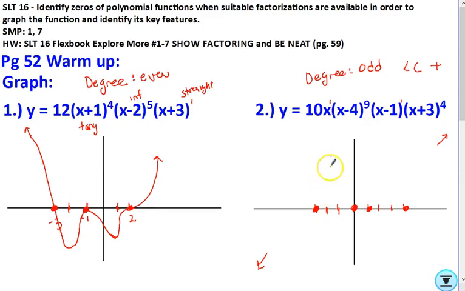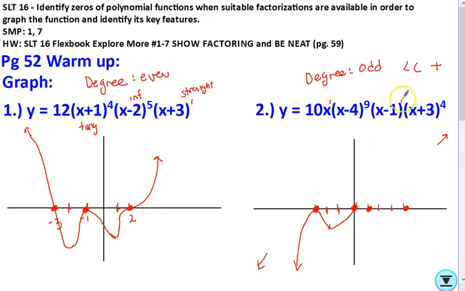All right, so here, at -3, it's an even multiplicity, so I'm going to be tangent. At 0, it's a multiplicity of 1, so I'm going to go straight through. I kind of missed there.